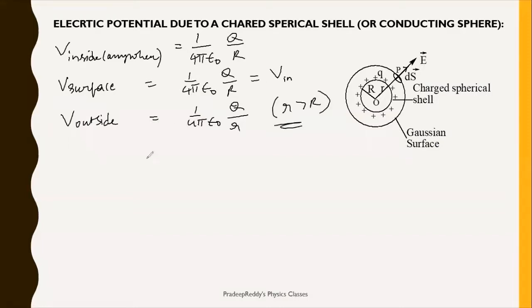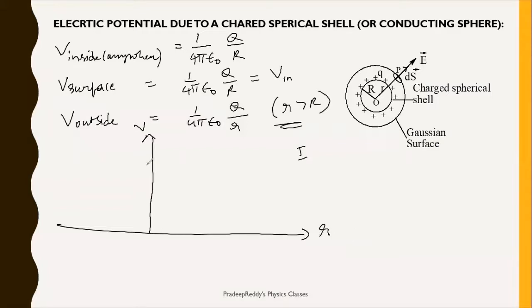Now if you plot graphs for this, potential is a scalar quantity, so therefore you will always get a graph in the first quadrant itself. So potential you are taking on the y-axis, and the separation you are taking on the x-axis.